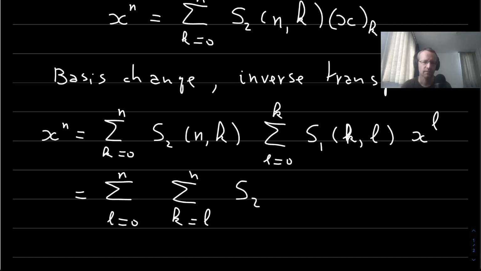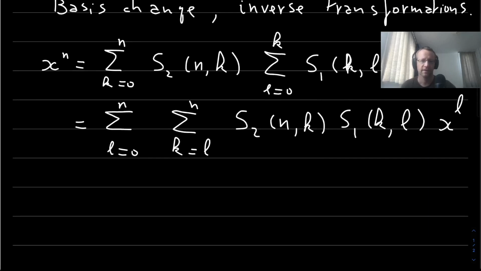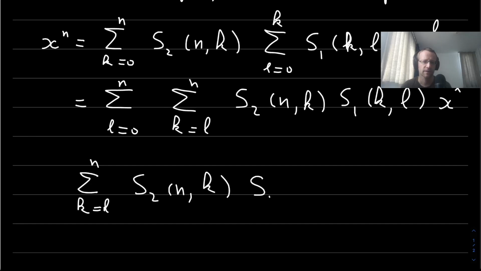We conclude that we have some inversion formula that says that the summed product of the first and second kind Stirling numbers satisfies some equation, which tells us that the first and second change of basis are inverses.